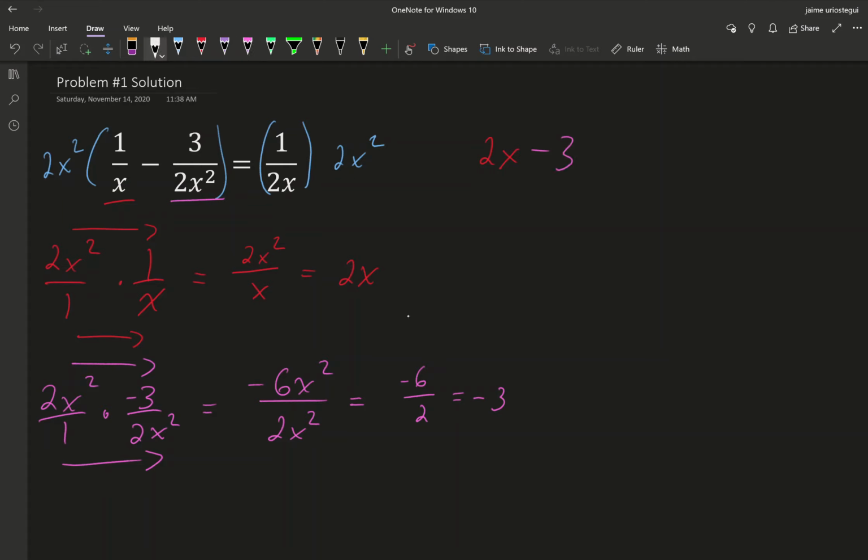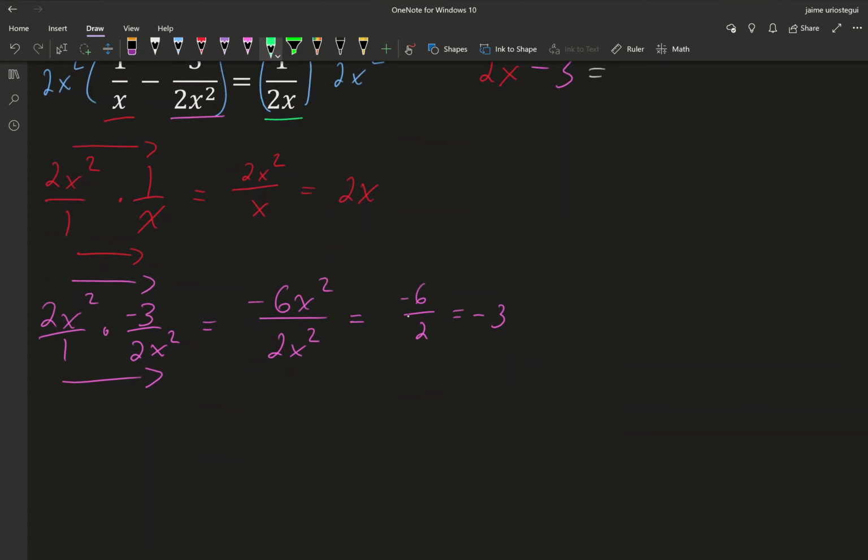Now it's going to equal the other side of the equation, which is this part. When we multiply this part by 2x squared, we are going to get 2x squared over 1 times 1 over 2x. When we multiply our fractions, remember we always multiply straight across, we get 2x squared over 2x.